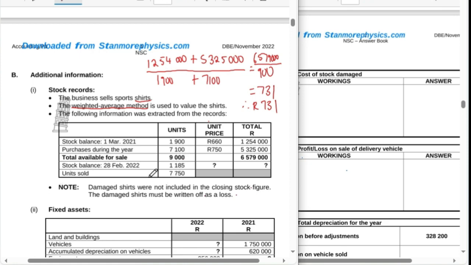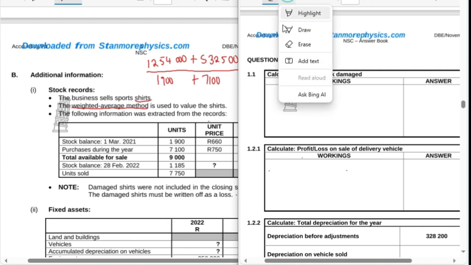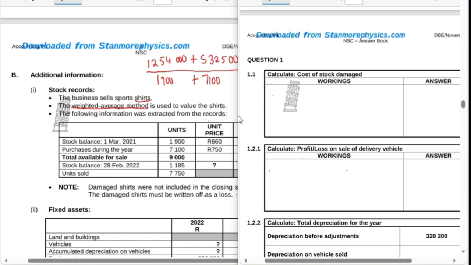And then the units that were sold is 7,750, meaning at the end of our financial year, we had the opening stock of 1,900 units, and then we purchased more units, which is 7,100 units, and then we had 9,000 as our units that are available for sale.